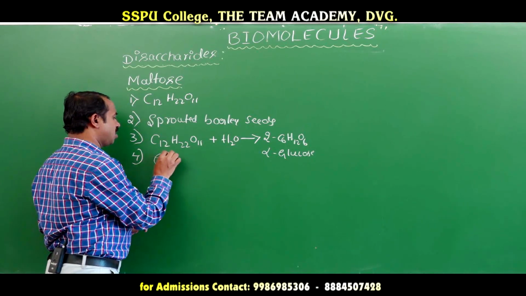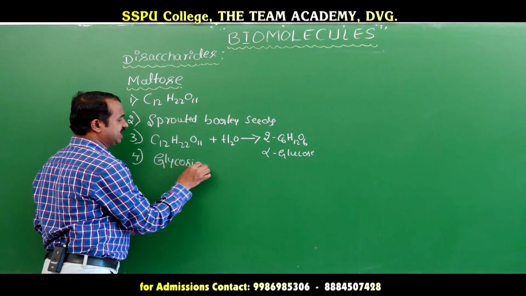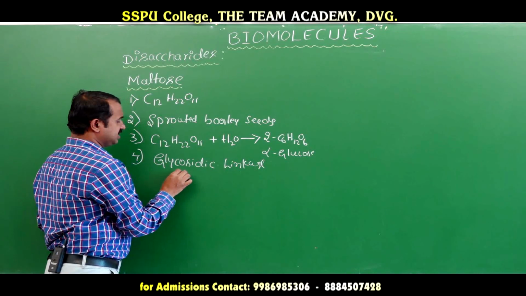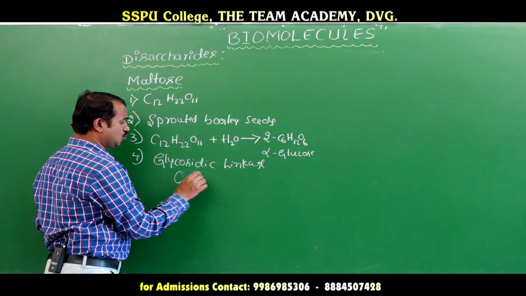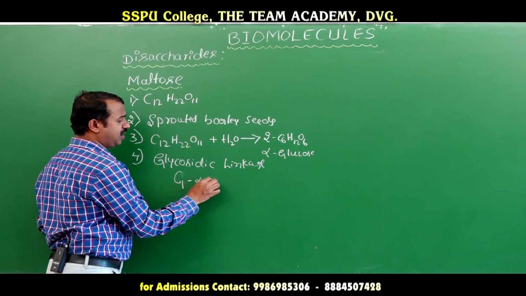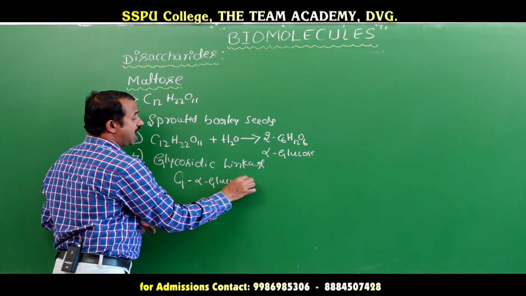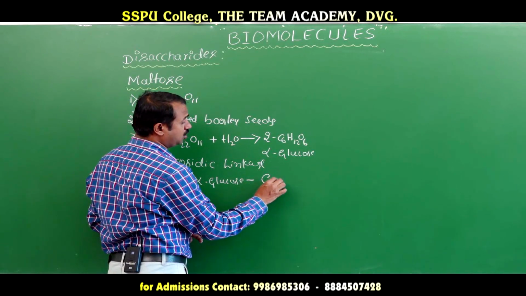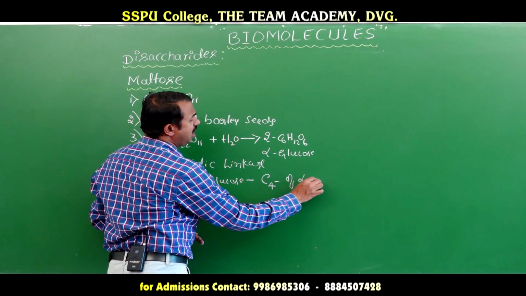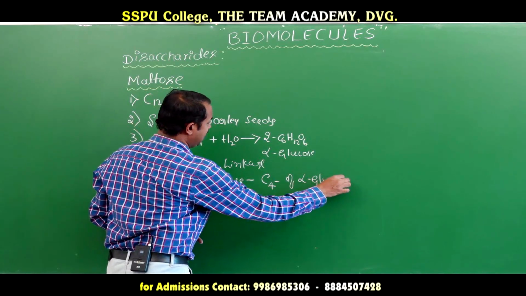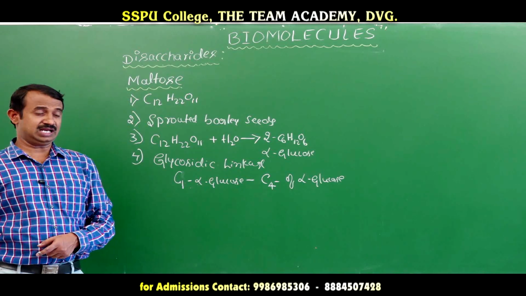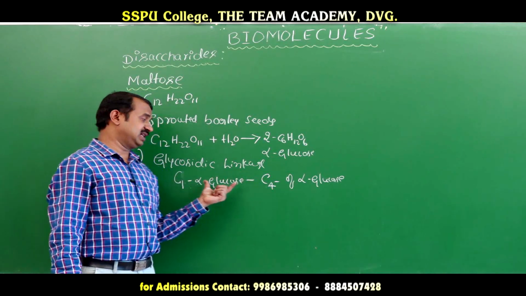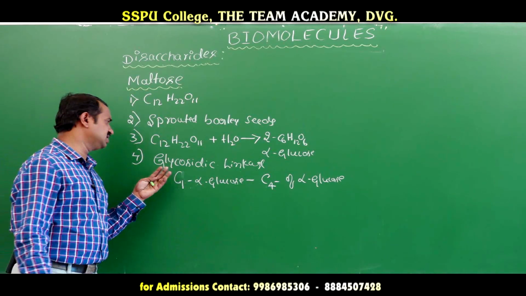The linkage is called glycosidic linkage, between C1 carbon of alpha glucose and C4 carbon of another alpha glucose, formed by elimination of water molecules. Okay, that is one of them.